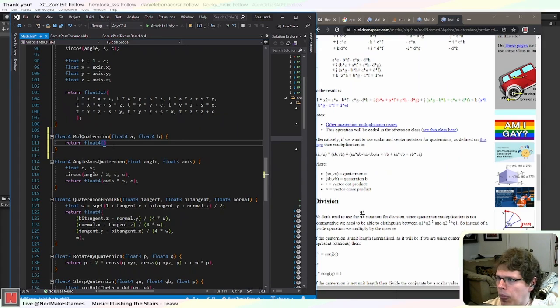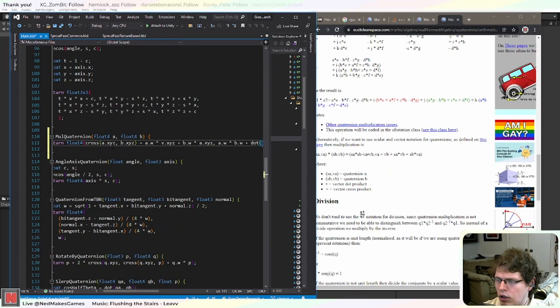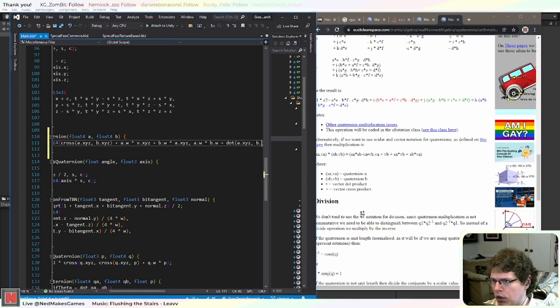So we do A XYZ cross B XYZ plus A W times B XYZ plus B W times A XYZ, and then the W part is AW times BW minus dot A XYZ B XYZ.